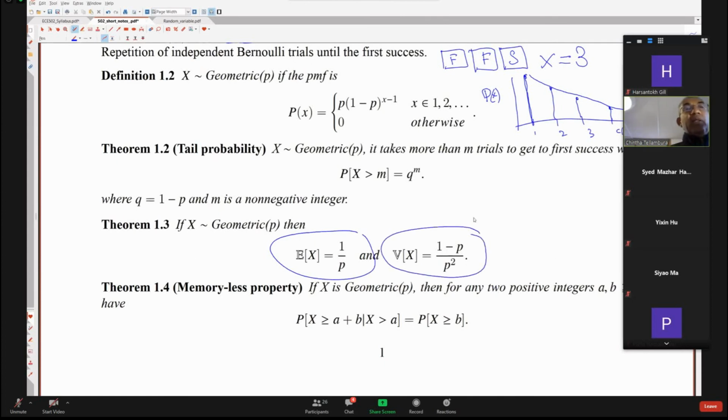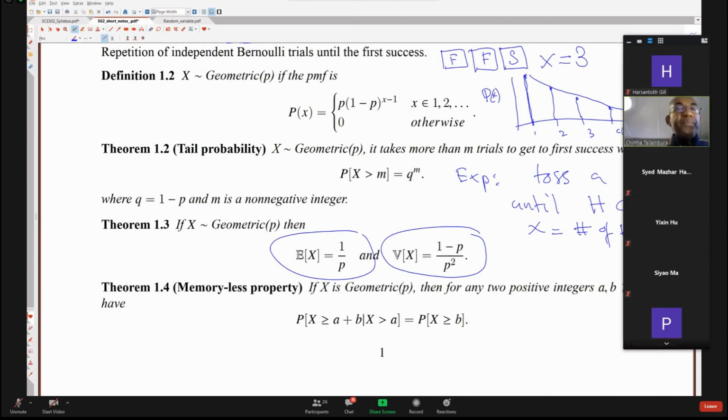So for example, let's say my experiment is this: toss a fair coin until a head H comes up. So X is the number of tosses needed.